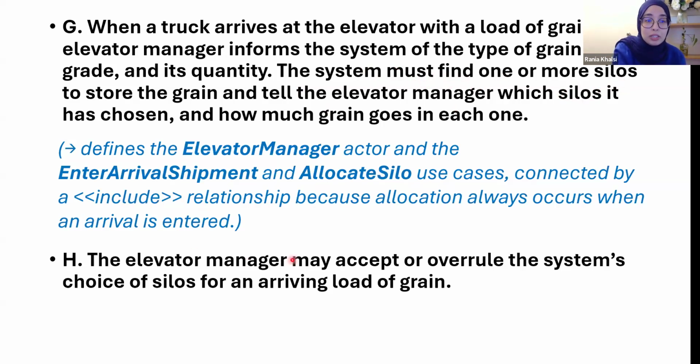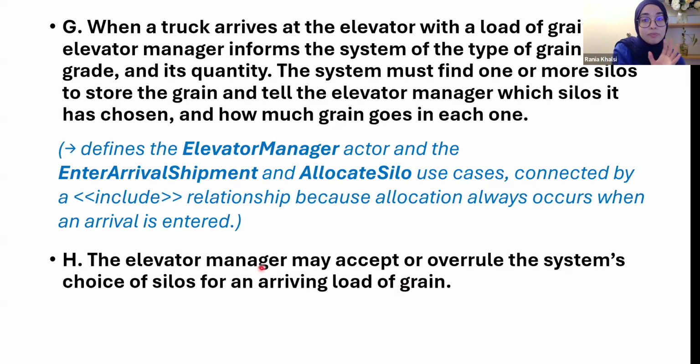Next, the elevator manager may accept or overrule the system's choice of silo for an arriving load. So it's not always that he's going to reject, and it's not always that he's going to accept. So here we are probably thinking about something which is optional.